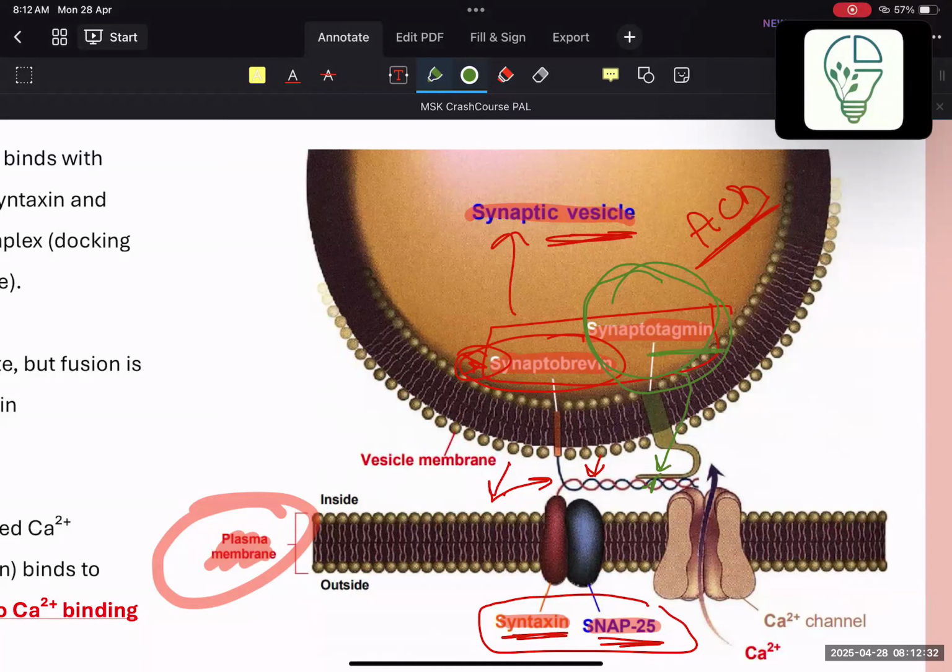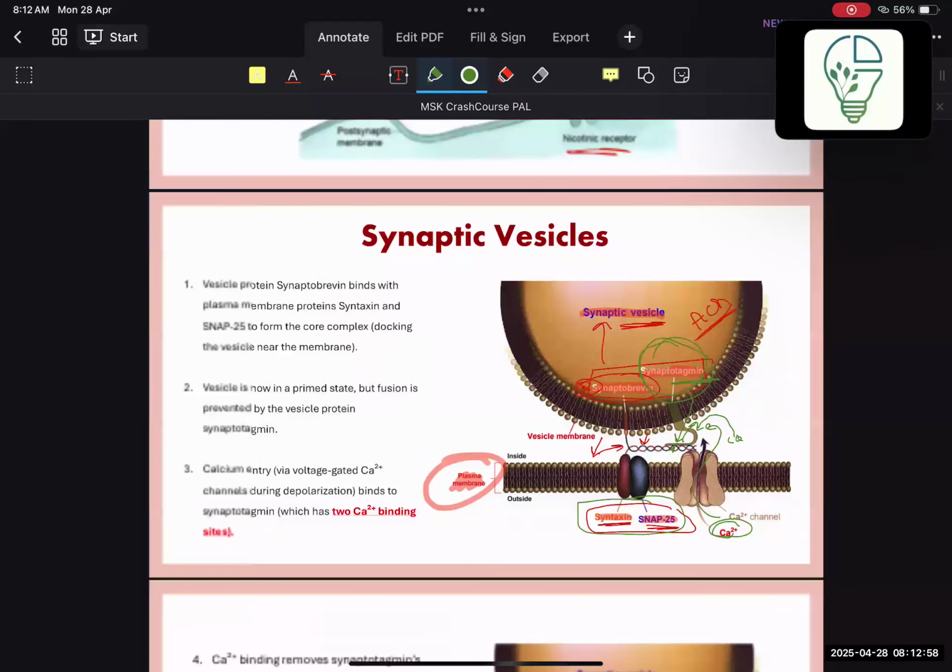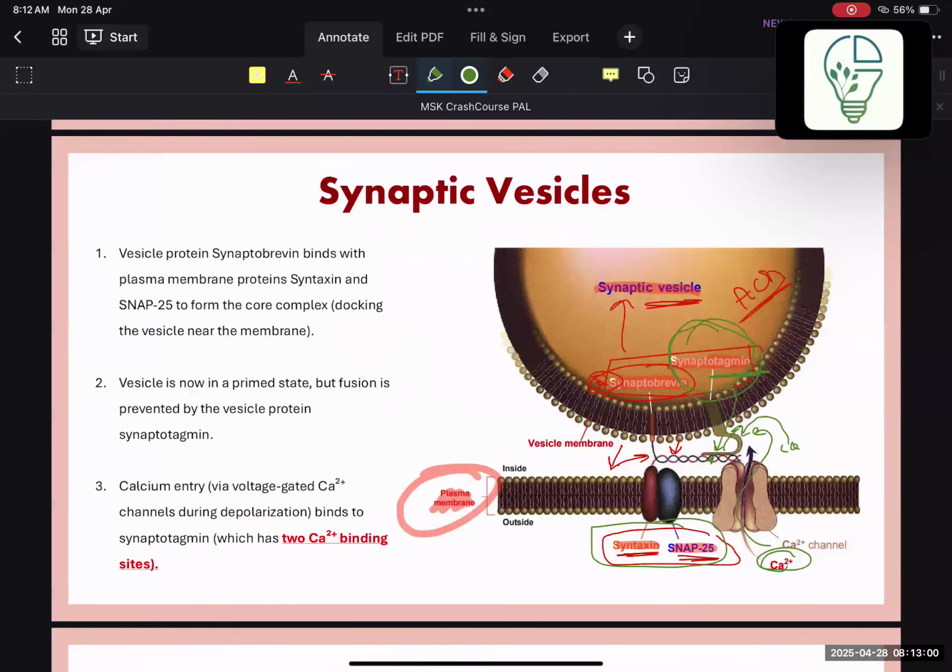That is because the synaptotagmin is waiting for the calcium to come in and bind to it. So once the calcium channels open and allow calcium inside the cell, the calcium will come and bind to the synaptotagmin. This will cause the synaptotagmin to move away. And now the synaptobrevin will successfully fuse with the syntaxin and the SNAP25, and this will cause the vesicle to fuse with the membrane. And this is exactly what I have written over here.